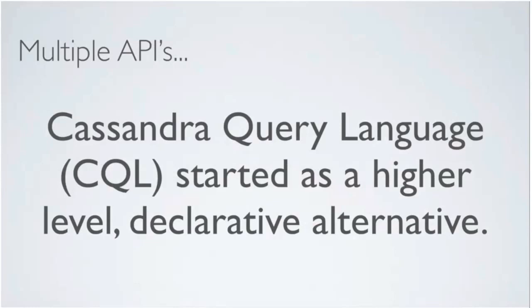So starting in version 0.8, I believe, from memory, CQL was created. CQL stands for Cassandra Query Language. It's an SQL-like language, and it was created as a higher-level declarative alternative that would be more stable over time because it wasn't binary-based and interface definition-based like the Thrift RPC.